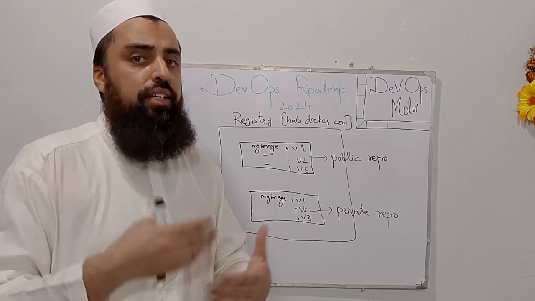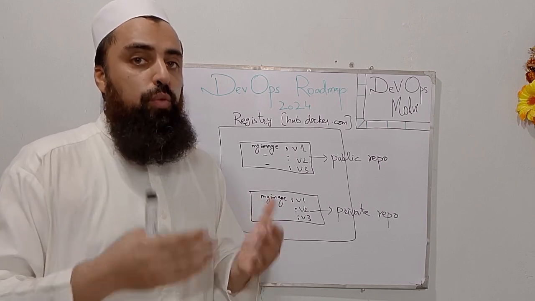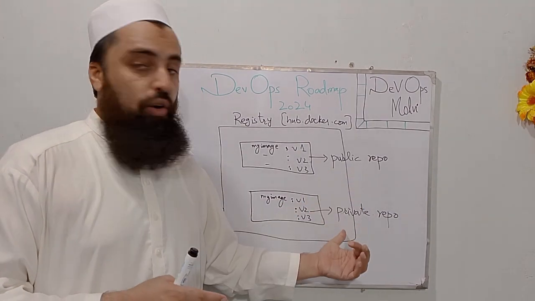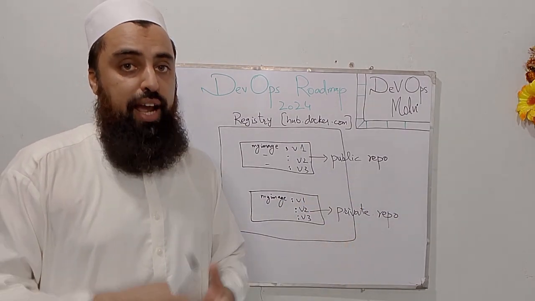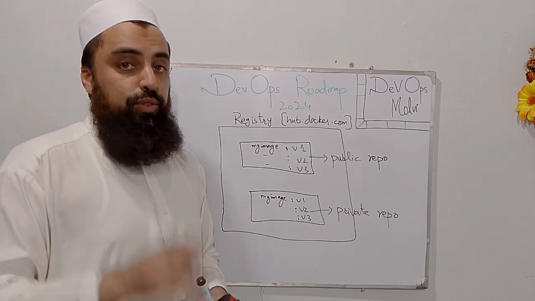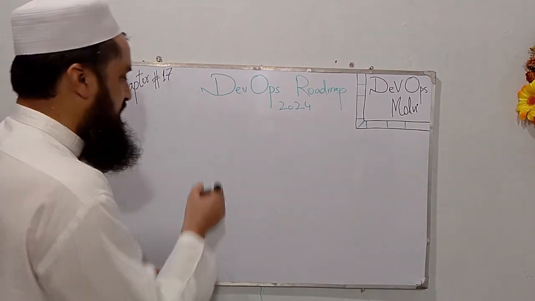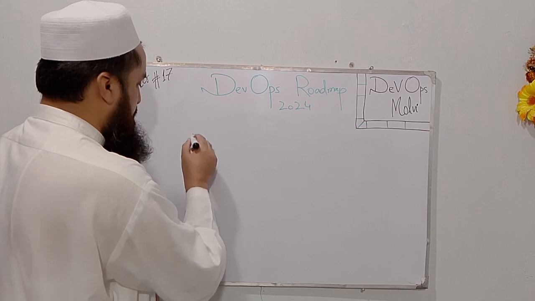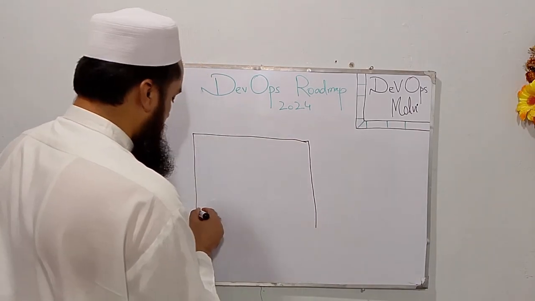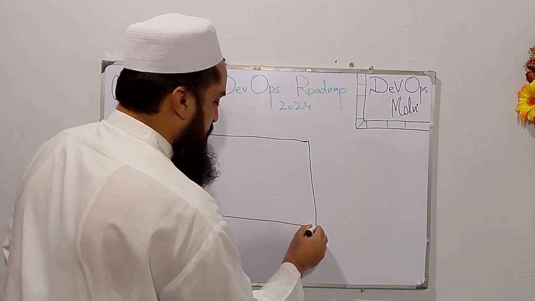So now there is another question: how can we push the Docker images to these public or private repositories and how can we pull them on other VMs? So that's how it works. For instance, I am a developer and I want to have the updated images on my VM.